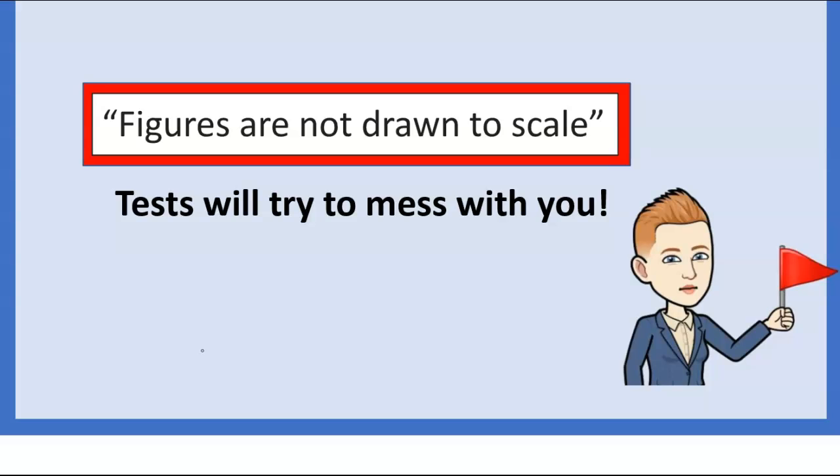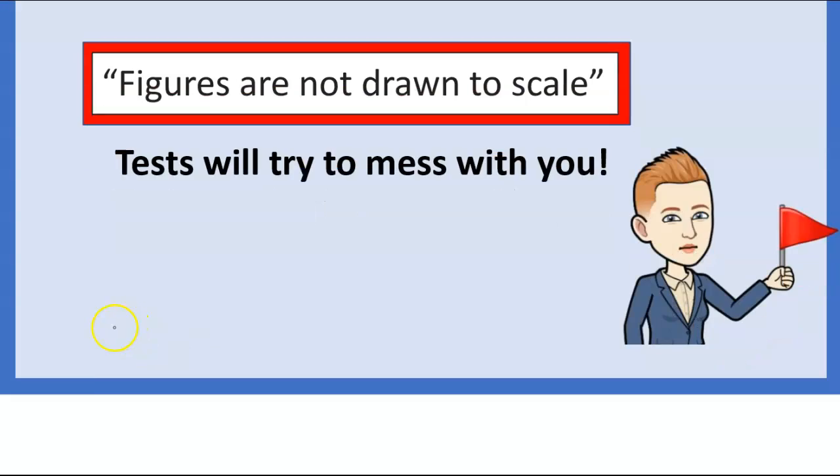So they will intentionally draw pictures to mislead you. They want to know if you are paying attention to the congruent symbols, to the things that are stated in the problem. And so they will actually draw the pictures to make you think different than what is actually true.